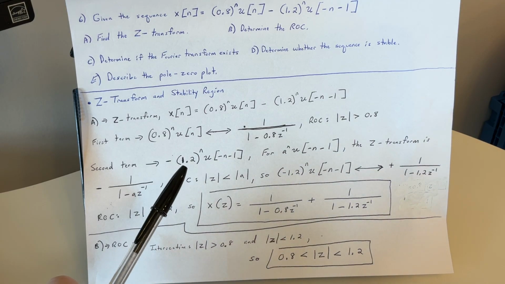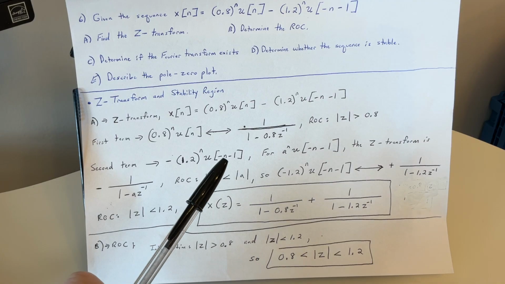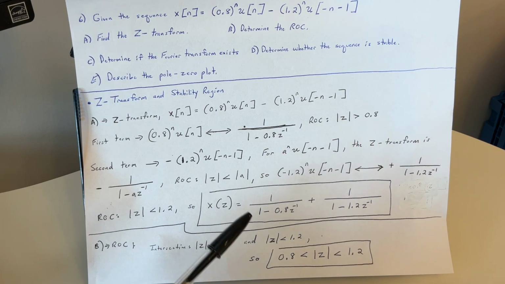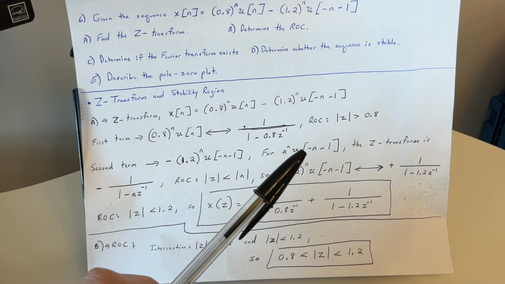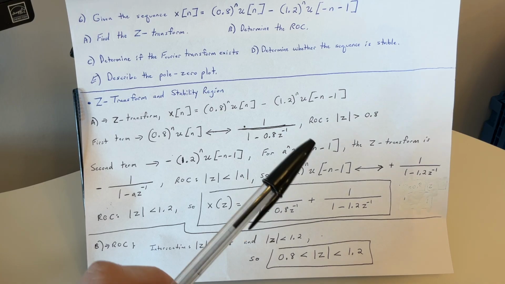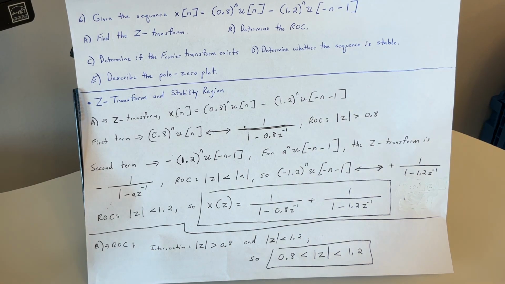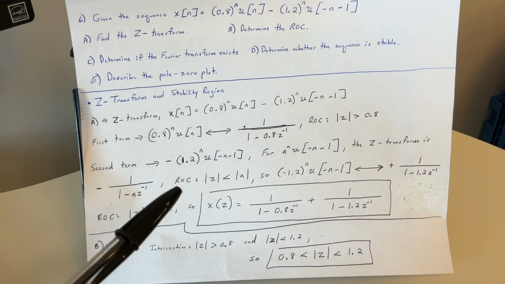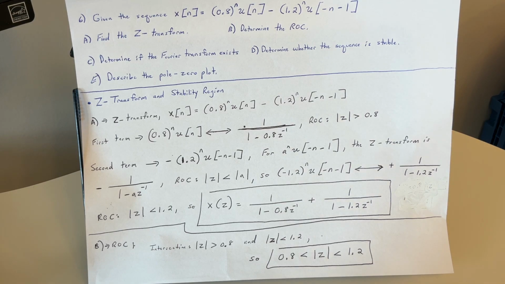Second term, negative 1.2 to the n u of negative n minus 1. For a to the n u of negative n minus 1, the z transform is negative 1 over 1 minus a z to the negative 1, with ROC absolute value of z less than absolute value of a.